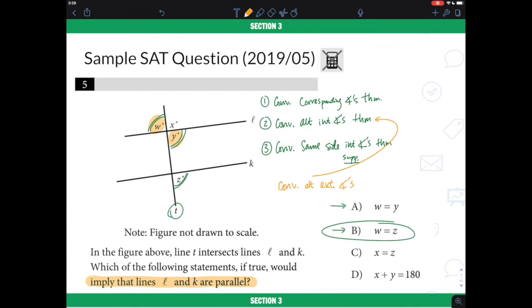If you can learn this as well, it would also help. But I would say you can probably confine your knowledge to these top three reasons: the corresponding angles, alternate interior angles, and same side interior angles being supplementary to each other. Make sure you understand the difference between a true statement and a statement that would actually help you prove the case.